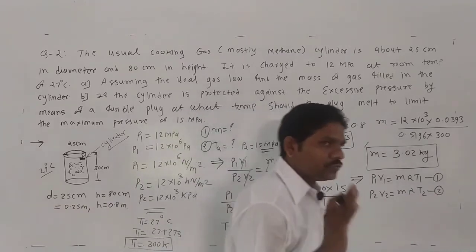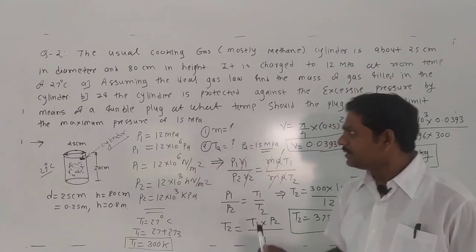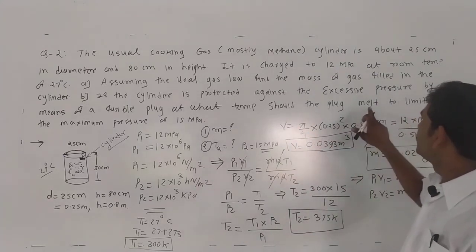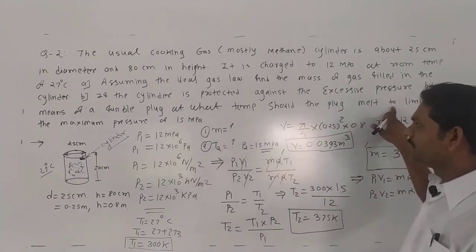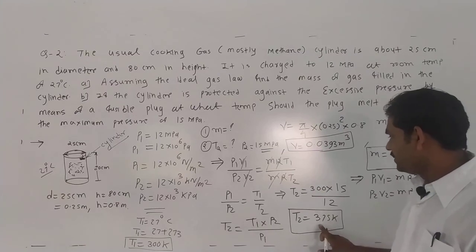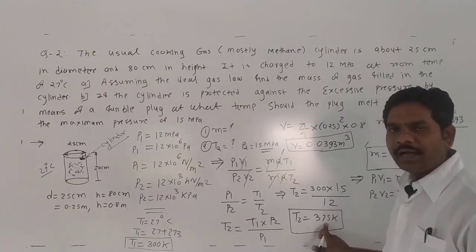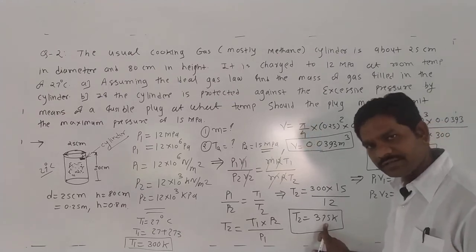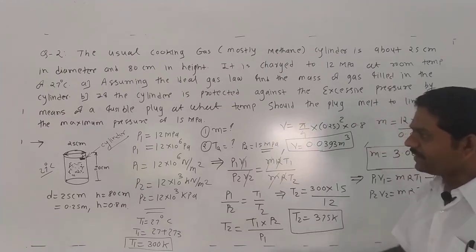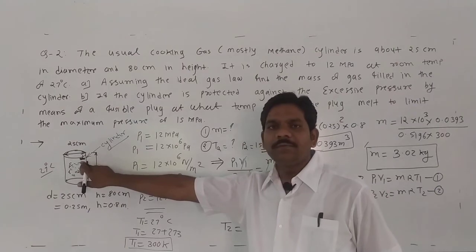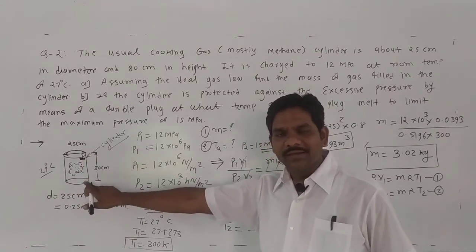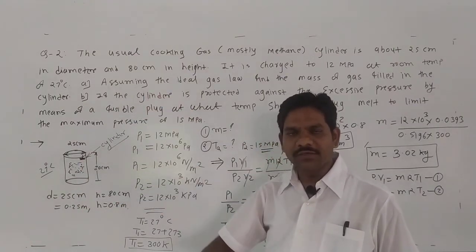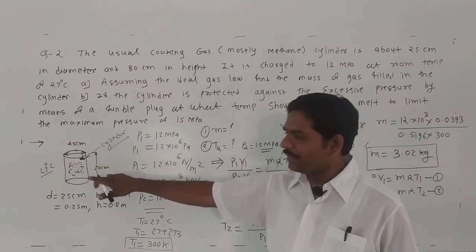Okay, so this is the temperature limit. After 375, at 376 or 377, this fusible plug starts to melt and decreases the pressure. And how does it decrease the pressure?